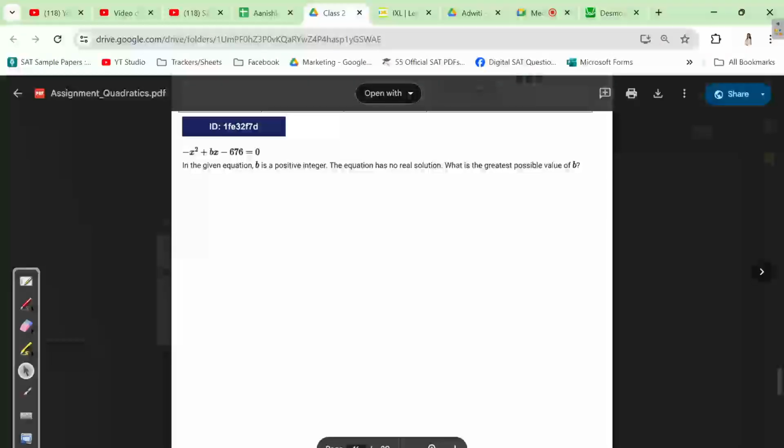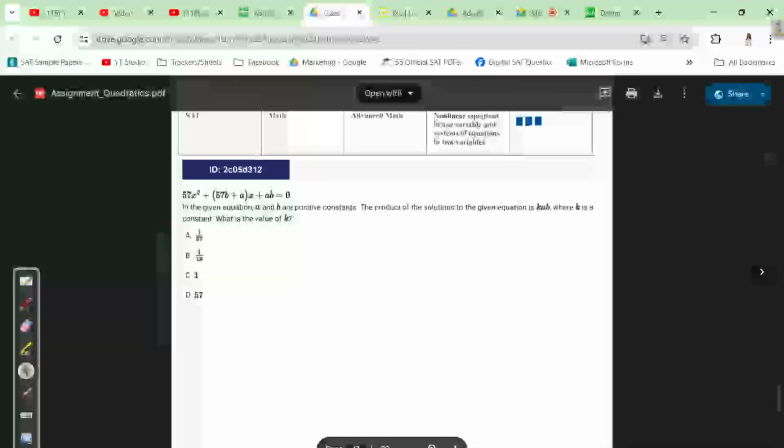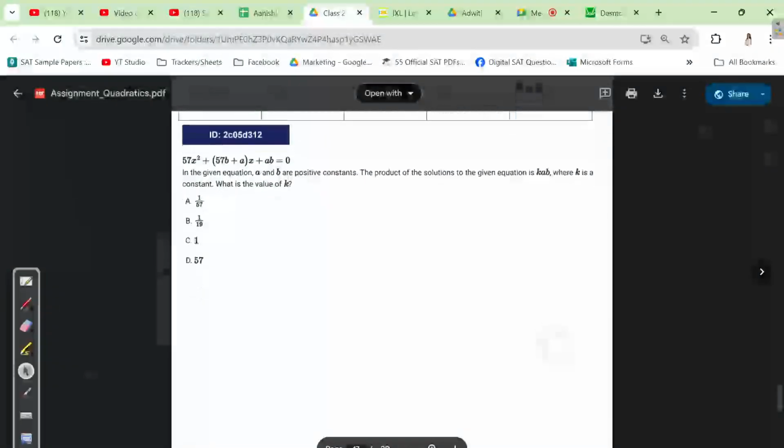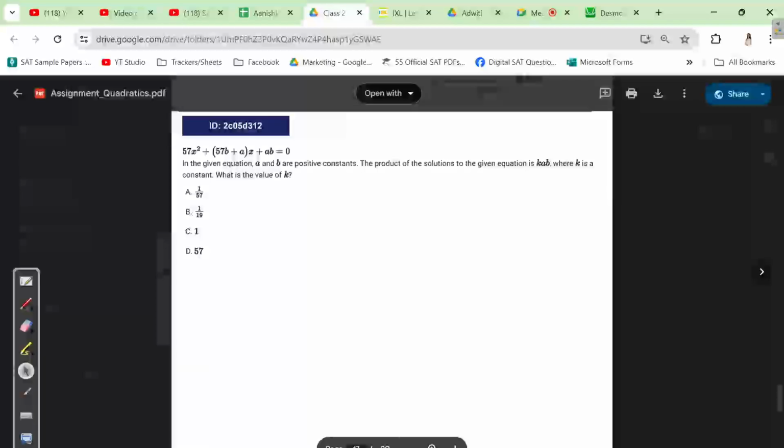I got 51. That's correct. Then this, and this one I do not do. Okay, so this is based on sum and product of solutions. So Anishka, do you remember the formula we did for sum and product of solutions?